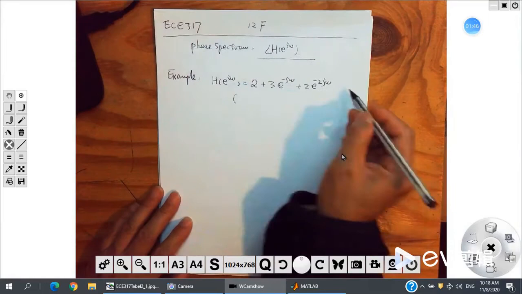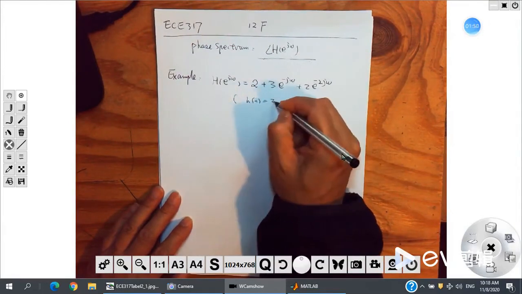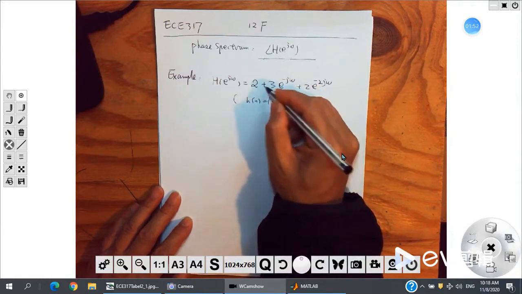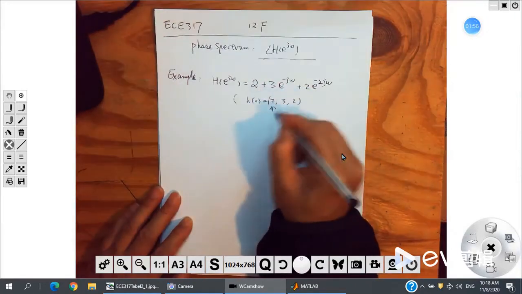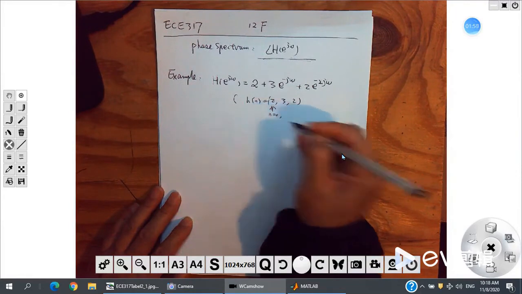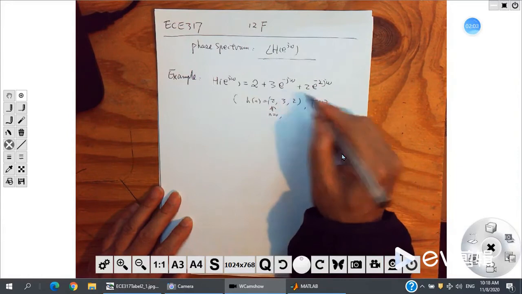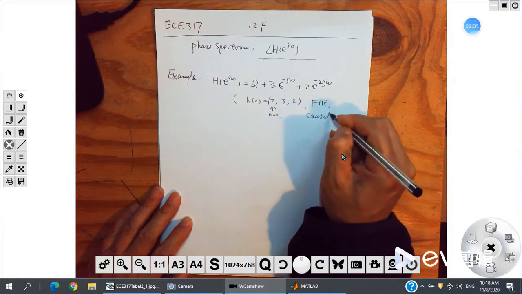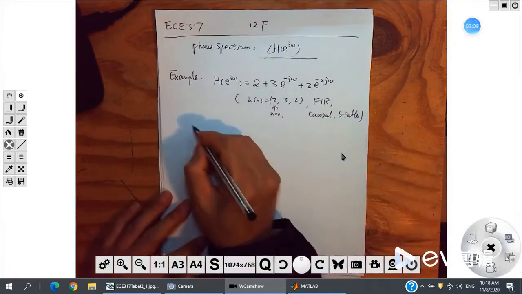Then you can see what the impulse response is. This should be 2, 3, 2, the constant coefficients, right? This is n equal to 0. We know this is an FIR, causal, and stable, right?